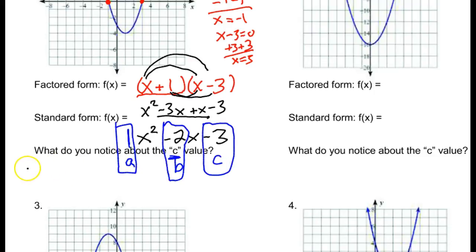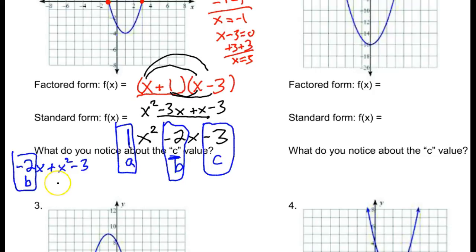In other words, if I gave it to you like this, -2x plus x squared minus 3, -2 is still the b value because it's in front of an x. It's not that -2 is first, so now it becomes a. It has to do with what it's associated with, not whether it comes first, second, or third.